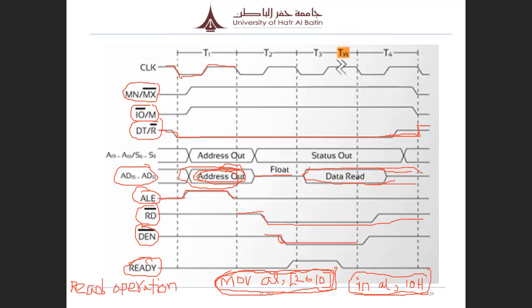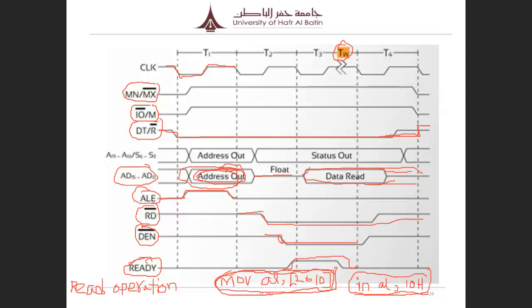No, sorry, during T3. During the T3 time, you can see it sends a high signal, because READY is without bar. That means it makes a high signal during the T3 time, so that after T3 there will be some extra pulse. This is called wait pulse, wait period, TW. So not T3, TW, I mean wait pulse.